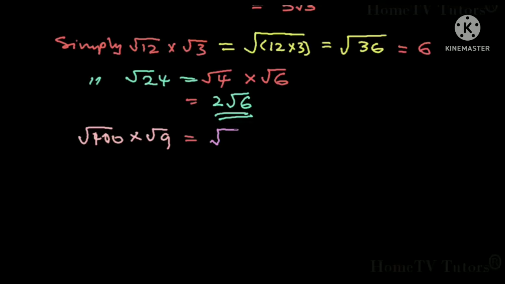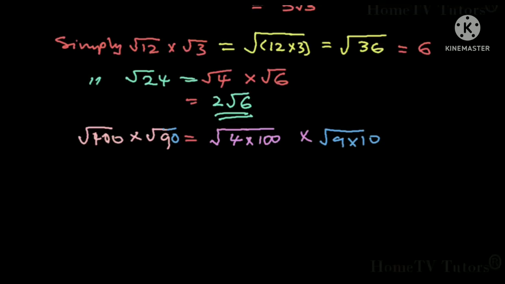The square root of 400 will be broken down as 4 times 100, and the square root of 90 we have as 9 times 10.